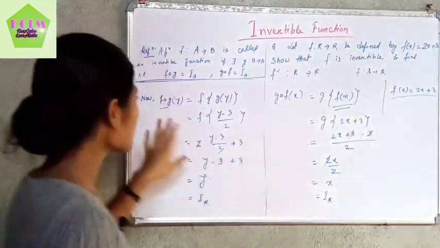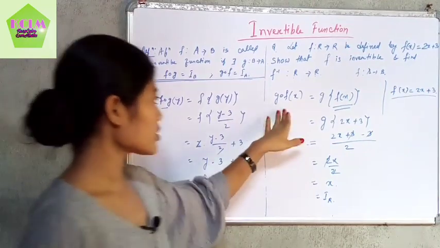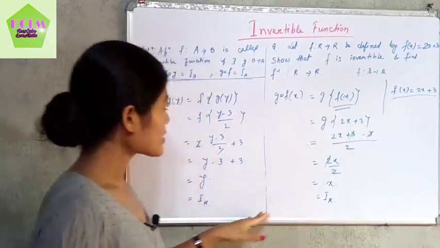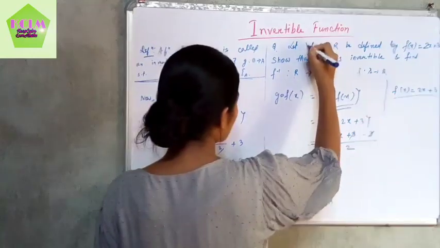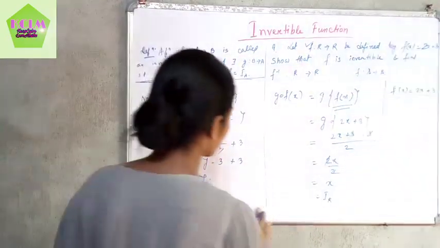So here, since f o g is I_R and g o f is I_R, I can say that the function f is an invertible function by definition.